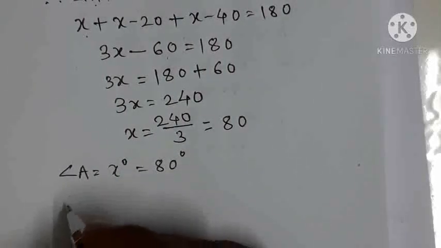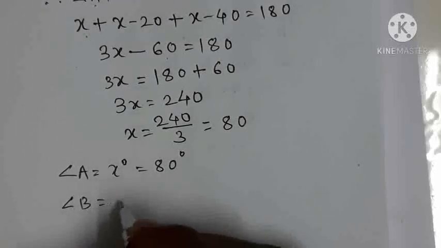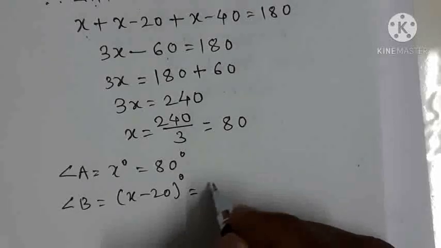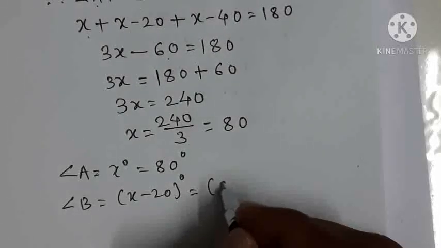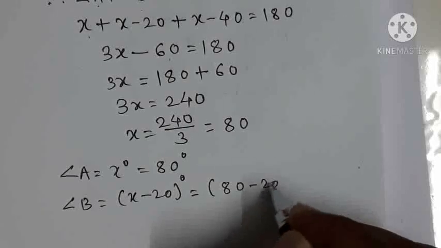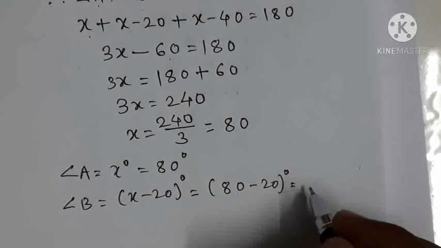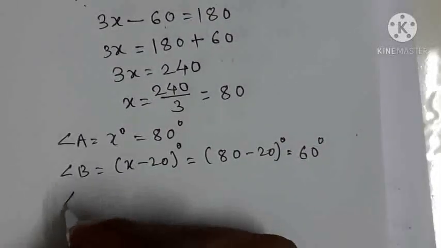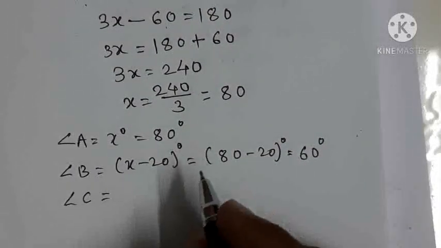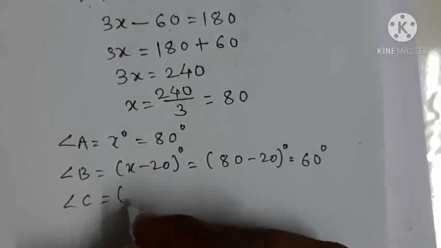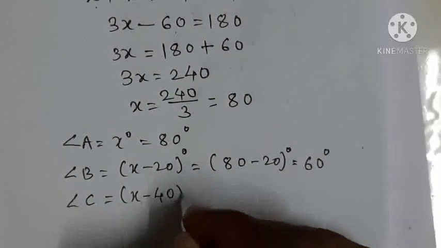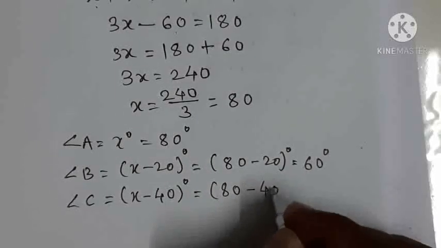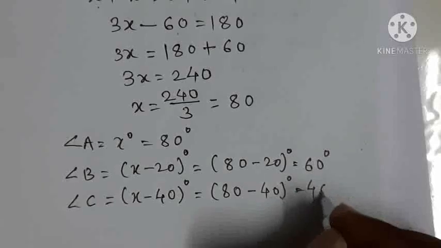Now angle B is equal to x minus 20 degrees, that is 80 minus 20 degrees, that is equal to 60 degrees. Now the third angle C is equal to x minus 40 degrees, that is 80 minus 40 degrees, which is equal to 40 degrees.